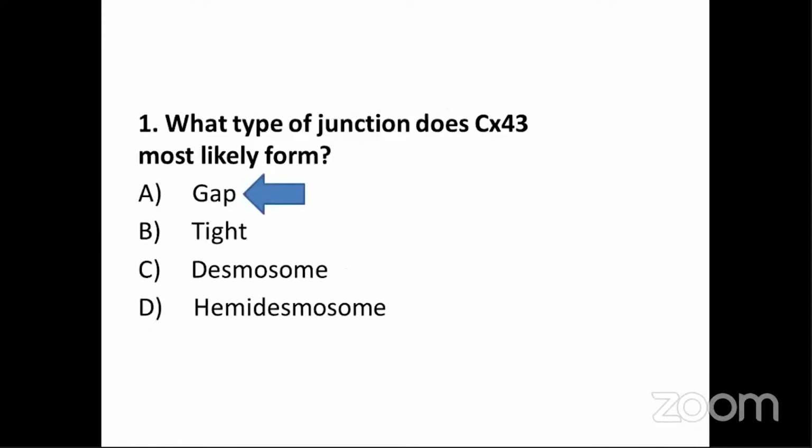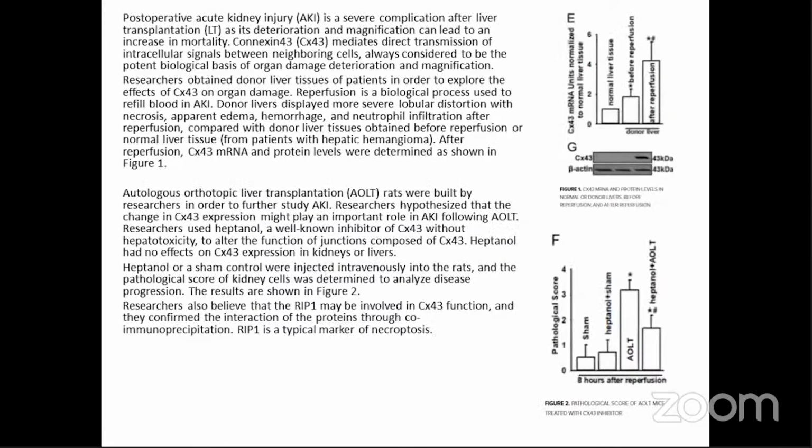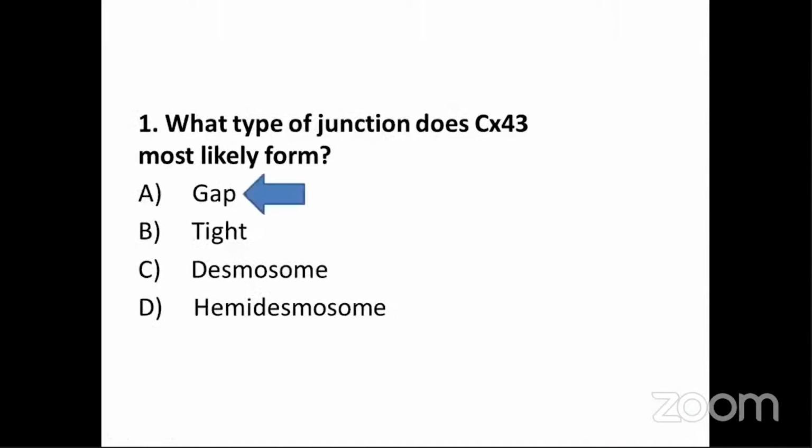That's a simple knowledge question. It mentioned Cx43 and connexin, which mediates direct transmission between neighboring cells, so in this case it would be a gap junction.